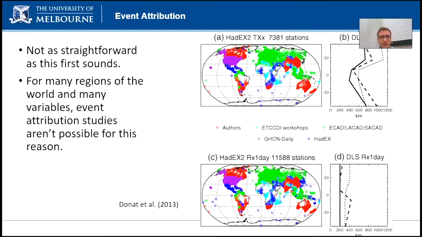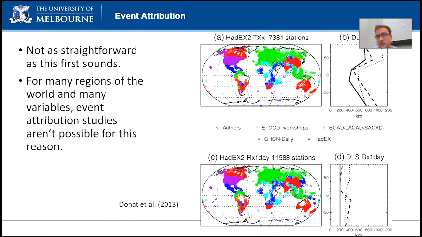This is just a figure from Markus's paper, showing locations of stations around the world, the daily temperature extremes on the top, the heavy rainfall days on the bottom. And you can see that there are good concentrations of data in North America, Western Europe, Eastern Asia, and for much of Australia and New Zealand as well, although there is a bit of a gap in Central Australia.